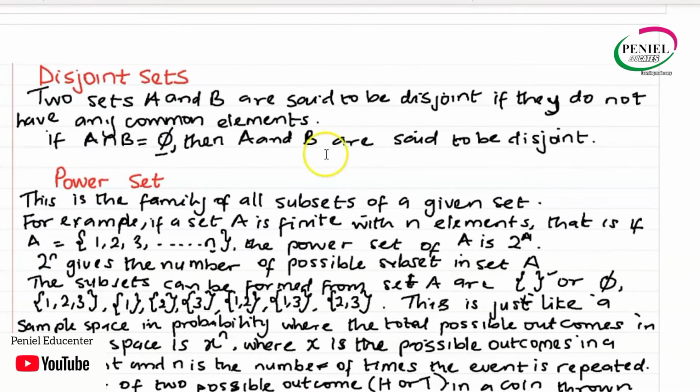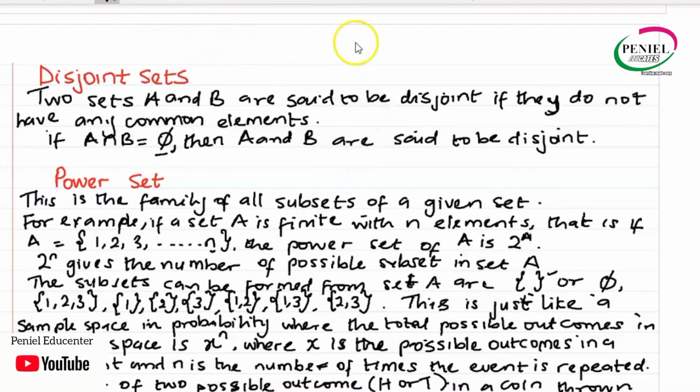All right, so let's look at disjoint sets. Sets A and B are said to be disjoint if they have no common elements. So if they have no common elements, we say they are disjoint.